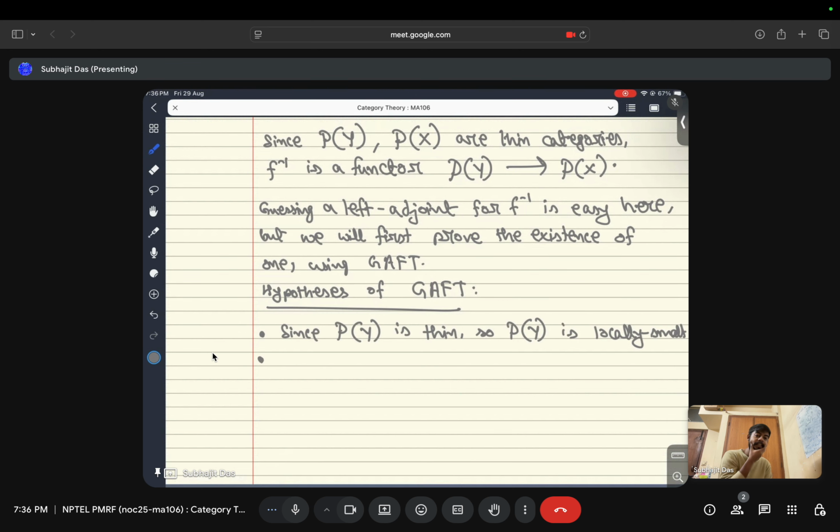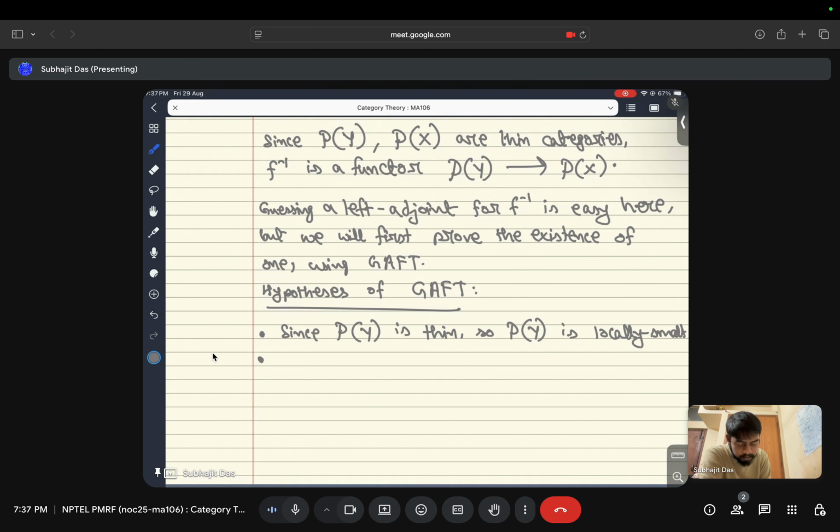Okay. So think about what small limits in Py actually are, or what does a limit in Py actually look like. To study existence of limits, we know that it is enough to prove that the category has arbitrary products and binary equalizers, right? Again, checking the existence of equalizers is trivial because the category is thin, so there is at most one arrow from one object to another object.